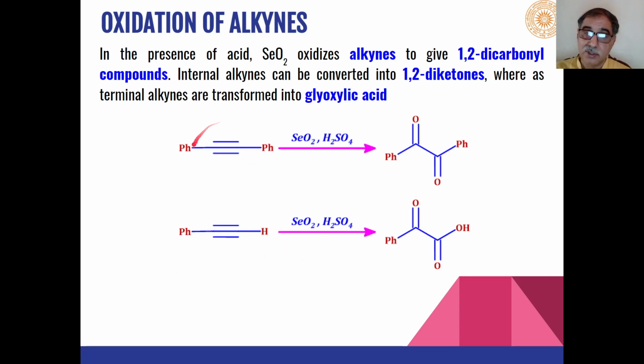So disubstituted alkynes are converted into diketones, whereas terminal alkynes are oxidized to keto acids as the product. For example, phenylacetylene is oxidized to glycolic acid as the product, whereas diphenylacetylene will give us a 1,2-dicarbonyl compound like this.